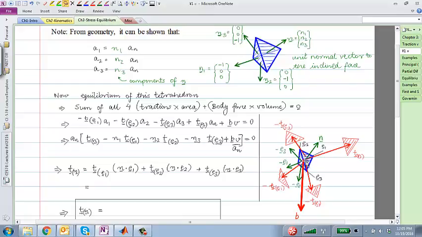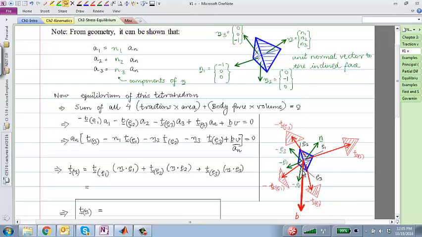So volume would be proportional to, let's say, delta x1 times delta x2 times delta x3, correct? Volume would have delta x cube type relation, whereas area would be delta x1 times delta x2. So what I'm saying is that volume is proportional to delta x cube, the area is proportional to delta x square.